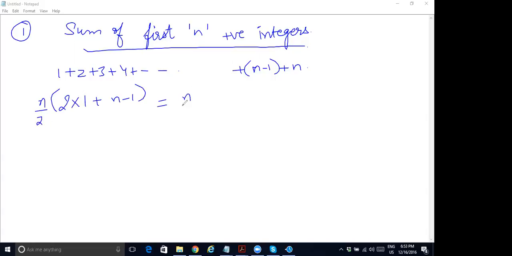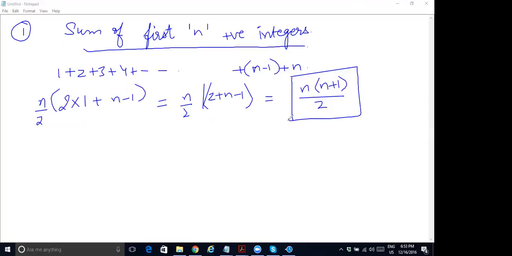So this is n by 2 times 2 plus n minus 1, which is n plus 1. The sum of the first n positive integers is n into n plus 1 by 2. So instead of using the AP formula, you straight away use this formula.